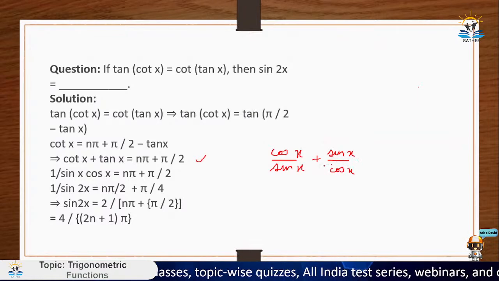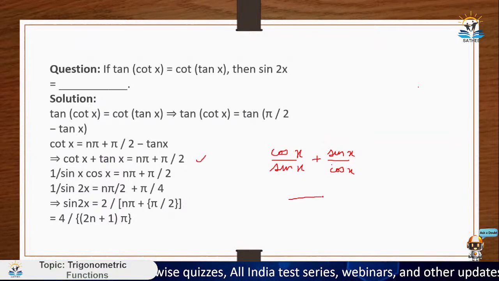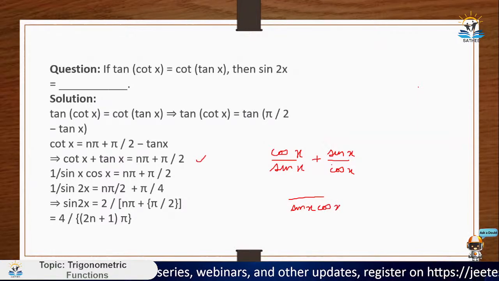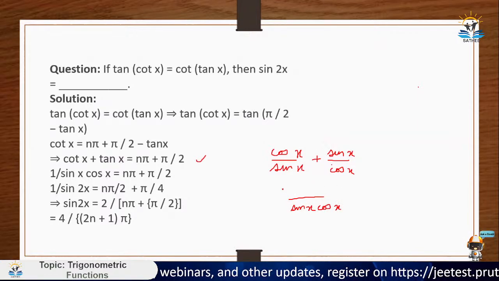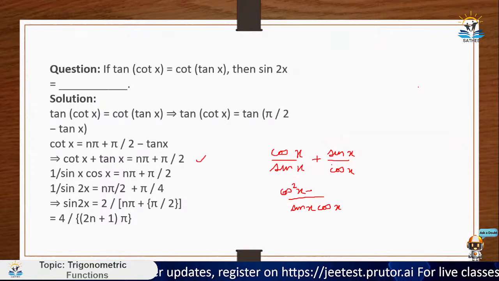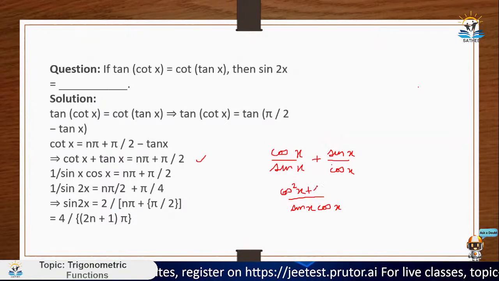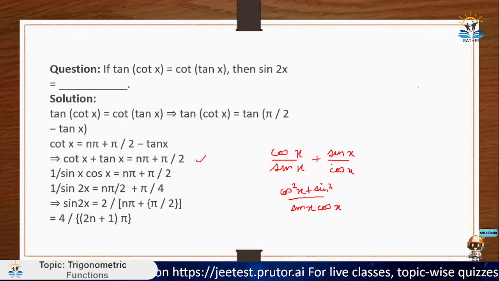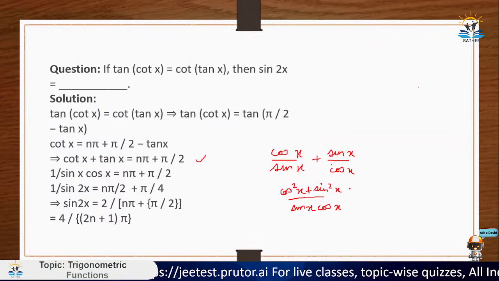It is equal to n pi plus pi by 2, but I am seeing it here only. So basically what you will get, in the denominator taking LCM, we get sin x cos x, and here it would be cos square x plus sin square x, and there we will use the identity. So you will get cos square x plus sin square x, which is nothing but 1 upon sin x cos x.